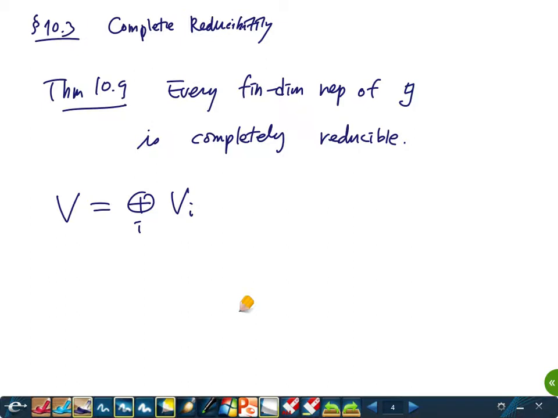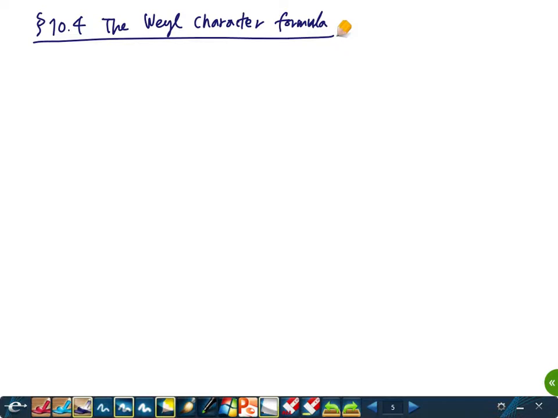And today I'm going to focus on section 4, which is the Weyl character formula. So today we're going to be focusing on this, the Weyl character formula. It's a very nice formula. It's true for all semi-simple Lie algebras. It's very general. First, we have to define this character. So, definition.